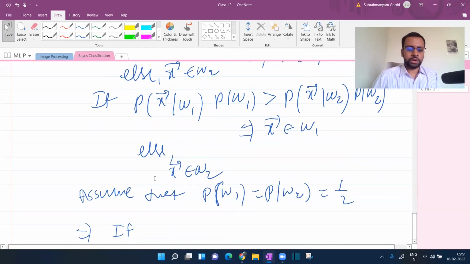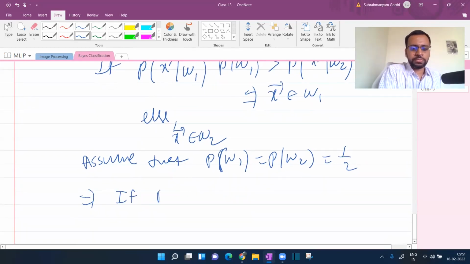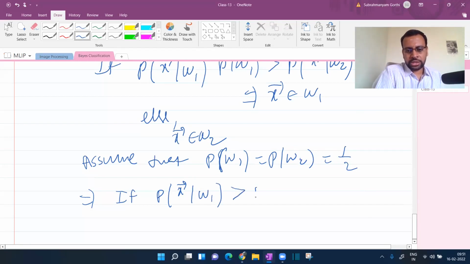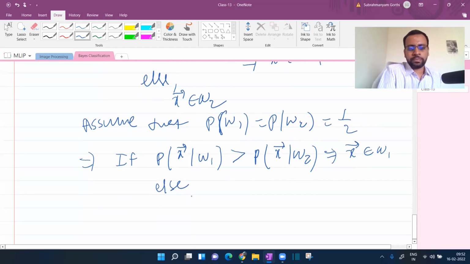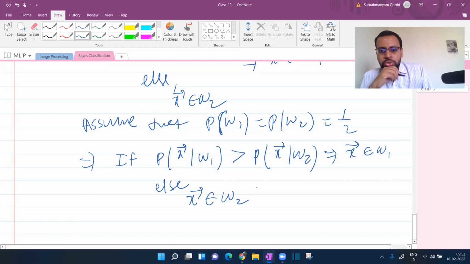If probability of x bar given omega 1 is greater than probability of x bar given omega 2, then you would say x bar belongs to omega 1, else you would say x bar belongs to omega 2, with the assumption that these two prior probabilities are equal.